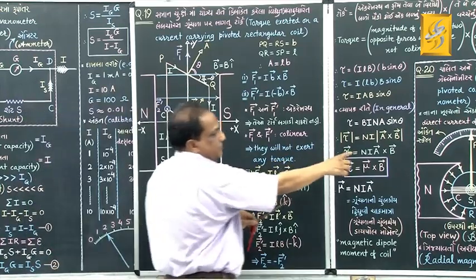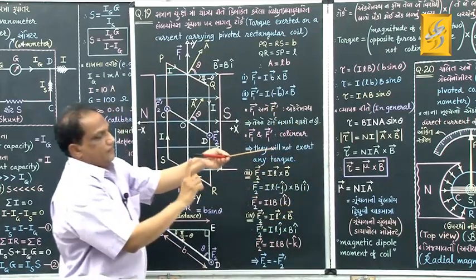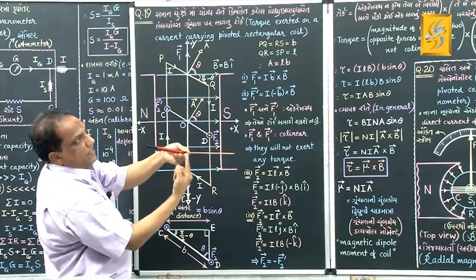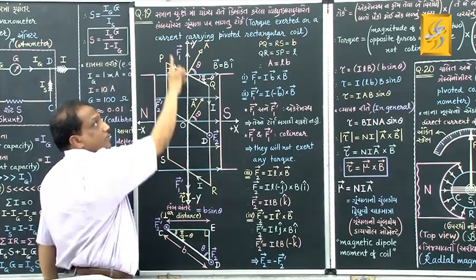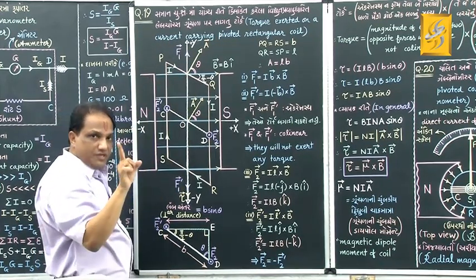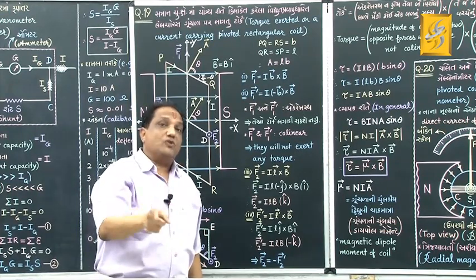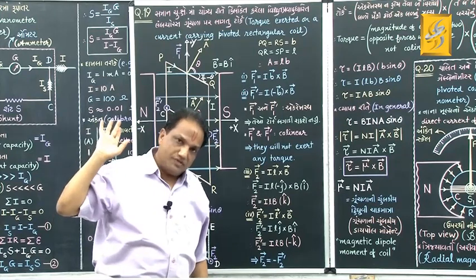You want vector A cross vector B to find the direction of vector tau. In that case it will be vertically upwards. So the direction of vector tau will be vertically upwards, provided you are passing current in the opposite direction, got it. So in which direction torque will be exerted depends on in which direction you are passing the current through the coil, got it.